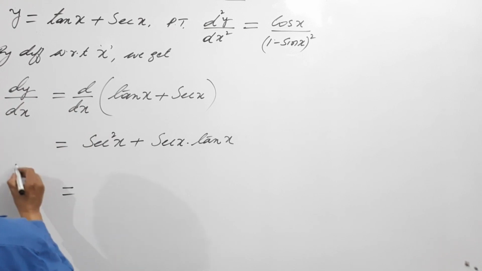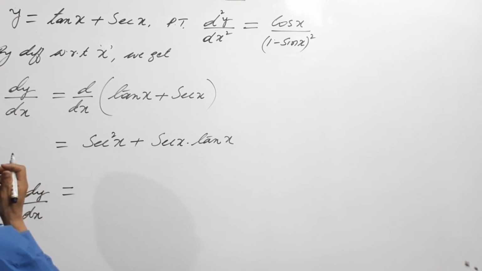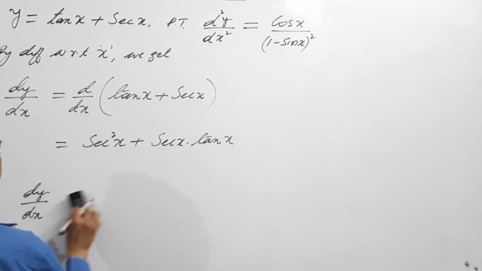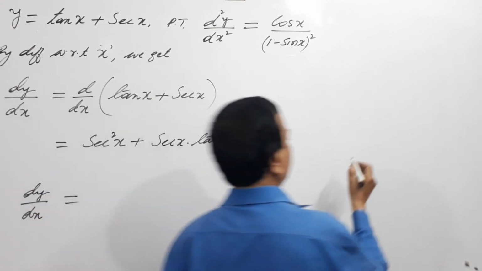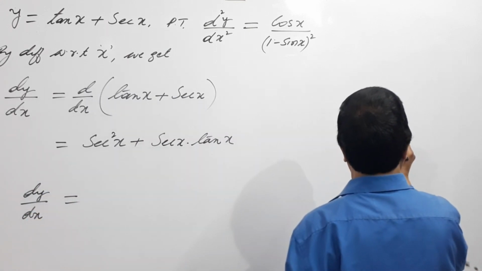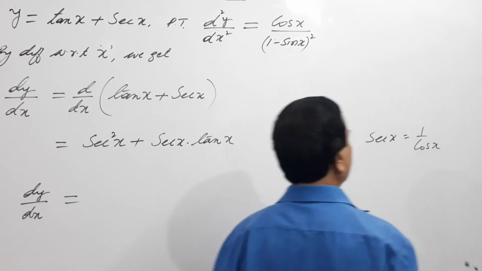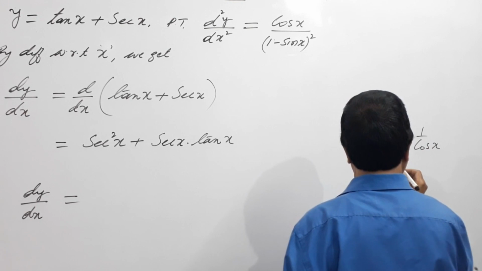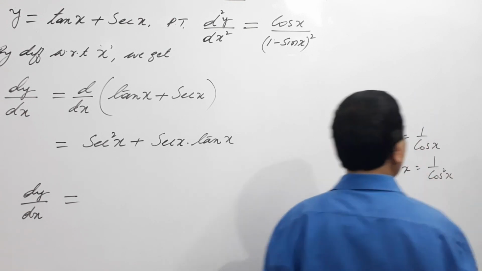So dy by dx equals what? Secant x is 1 by cos x. So secant square x will be 1 by cos square x.